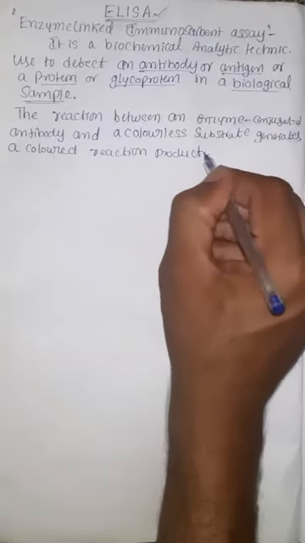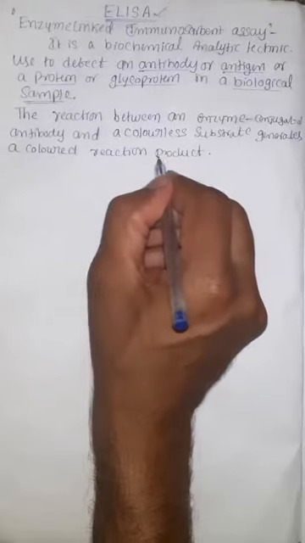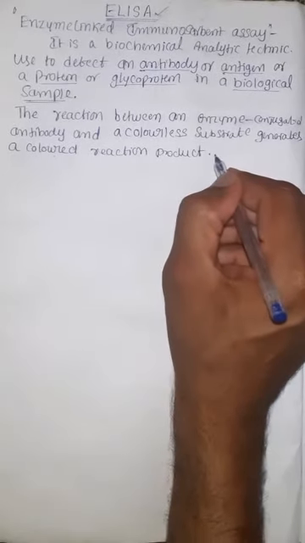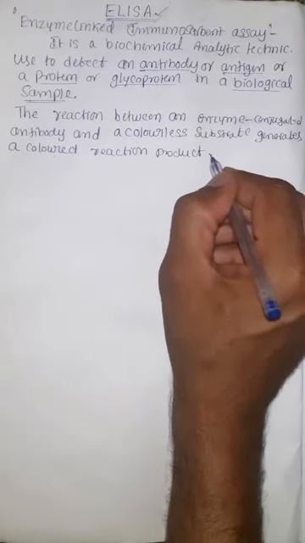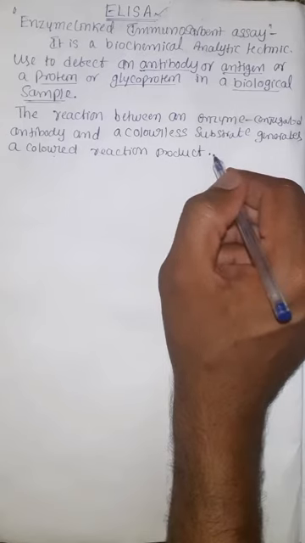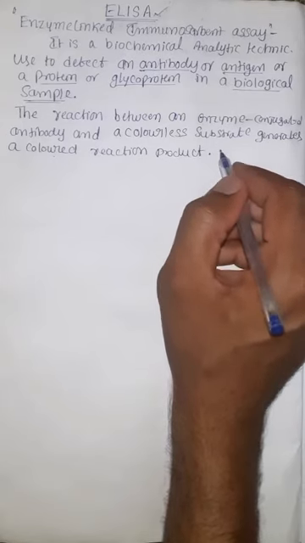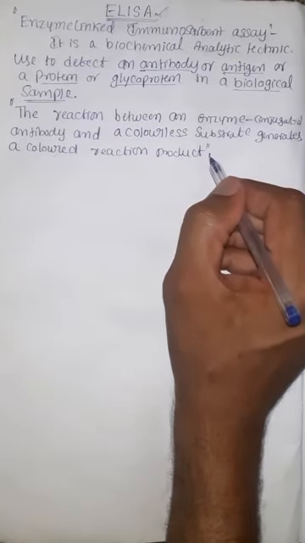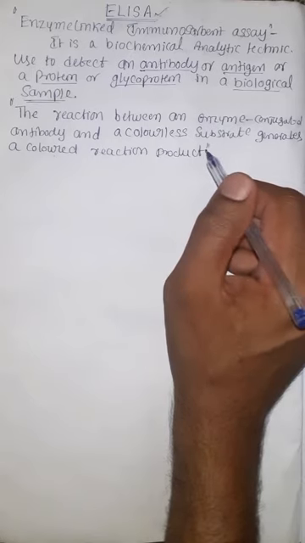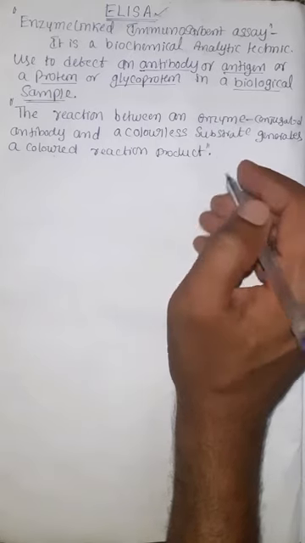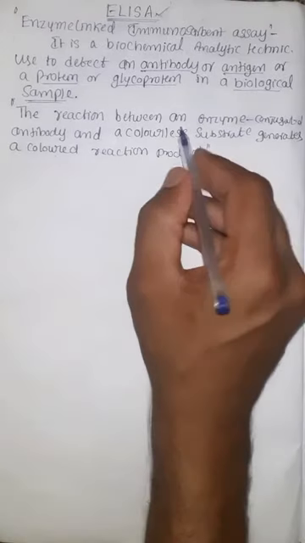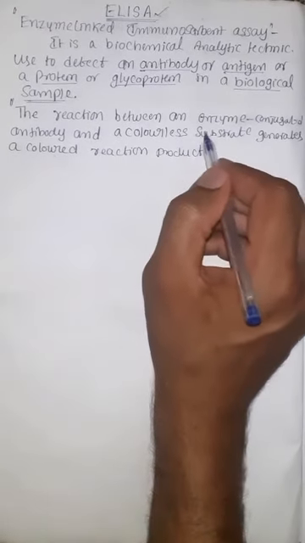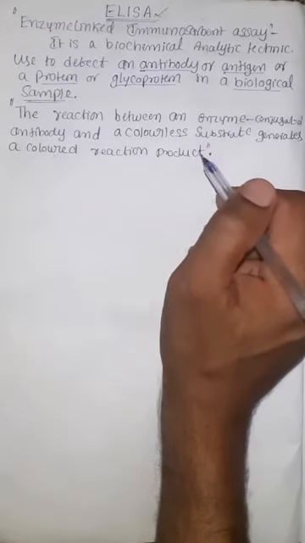By using this colored reaction product, we can measure, detect, or quantify the amount of antigen or antibody present in that biological sample. This is the basic principle for all types of ELISA tests. There are 4 types of ELISA test that we will see a little bit later. Now this is the basic principle of the ELISA test.